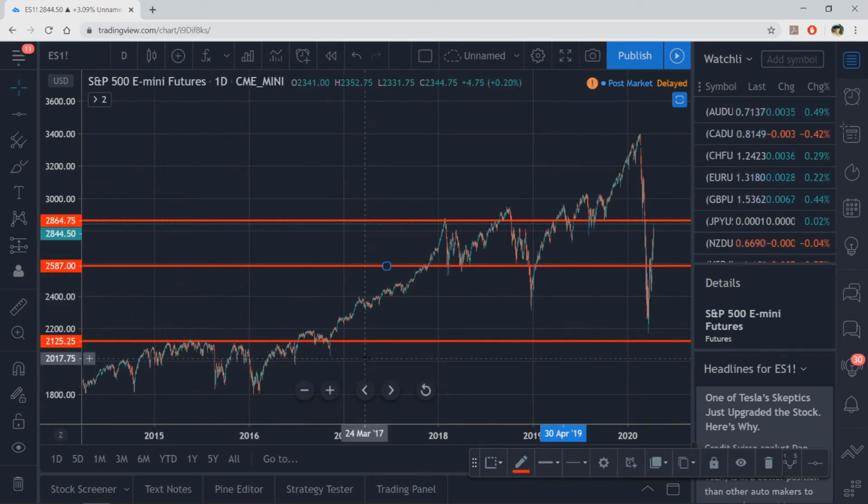What these are known as is support and resistance. Whether it's identified as support or resistance depends on where the price currently is. For example, if we look down here in this region, way back in the 2014 to 2016 era, even a little part of 2017, we'll start seeing that price keeps fluctuating.